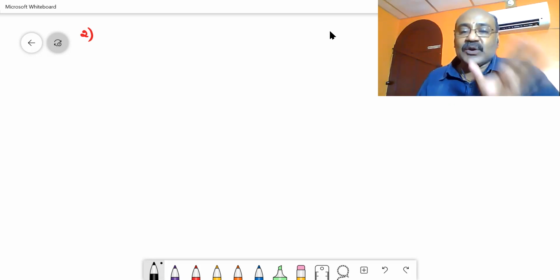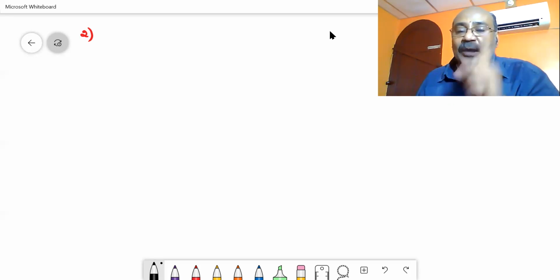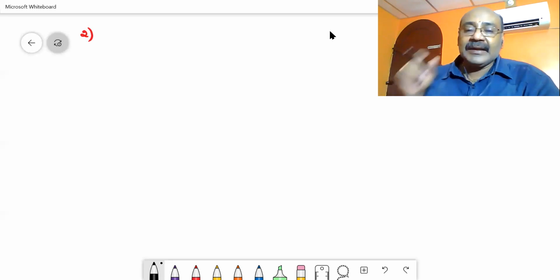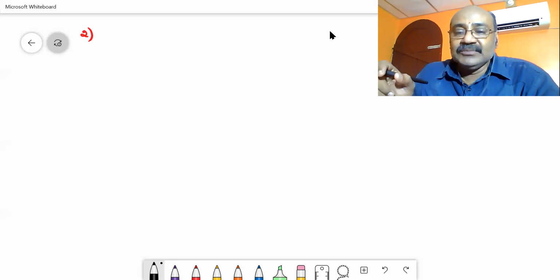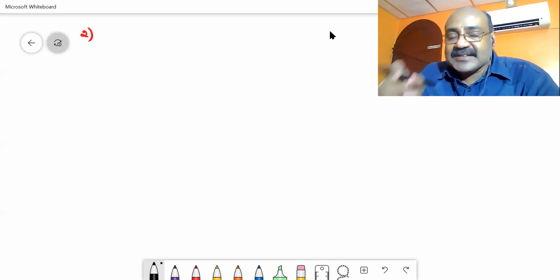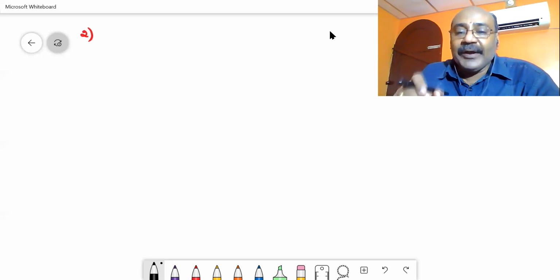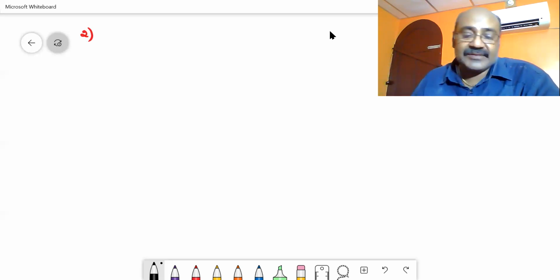Calculate the electrostatic force between you and your friend separated by a distance of 1 meter. Then compare this with your weight. Assume mass of each person is 60 kilogram and use point charge approximation.